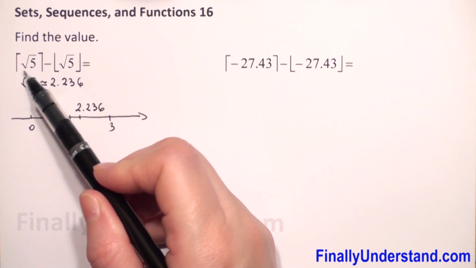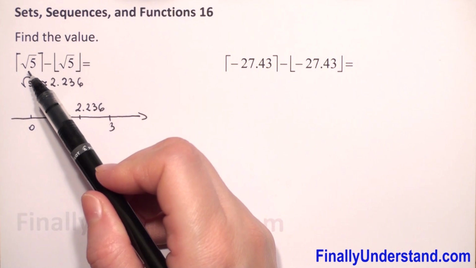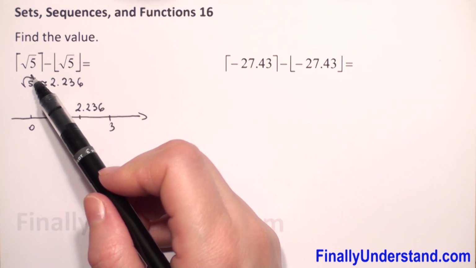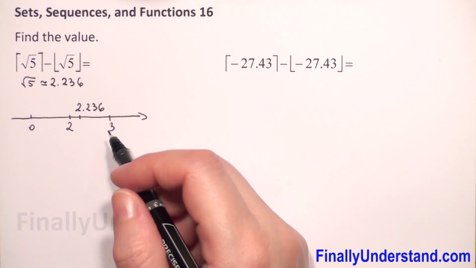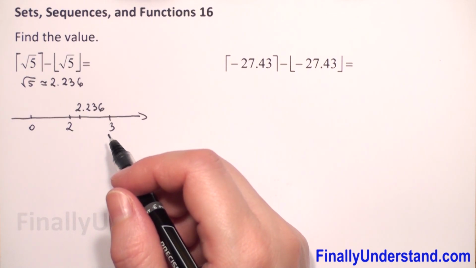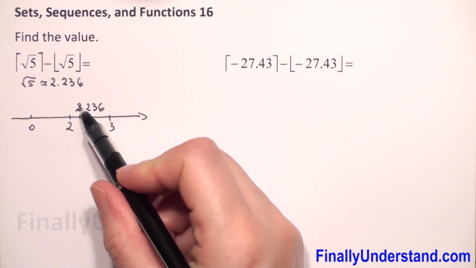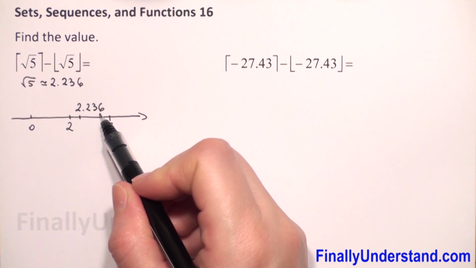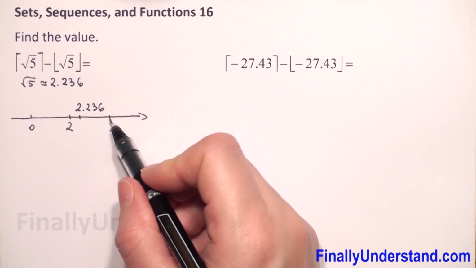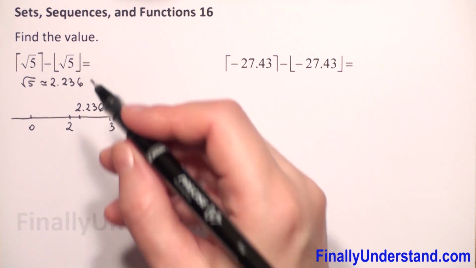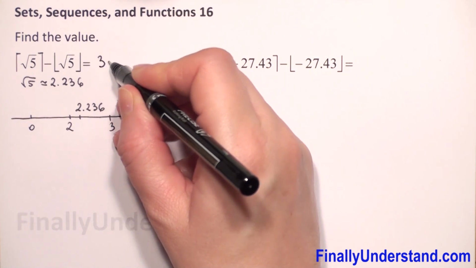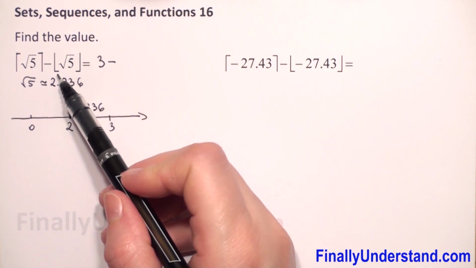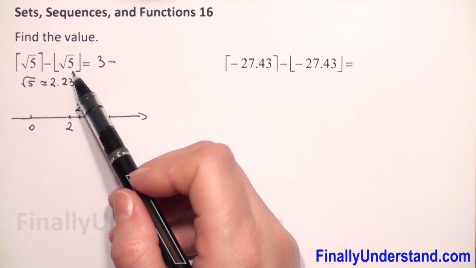Now in the first expression we have to find the ceiling of square root of 5. It means we have to find the smallest integer that is at least as big as square root of 5. The smallest integer will be 3. So we have 3 minus, and now we have floor of square root of 5.